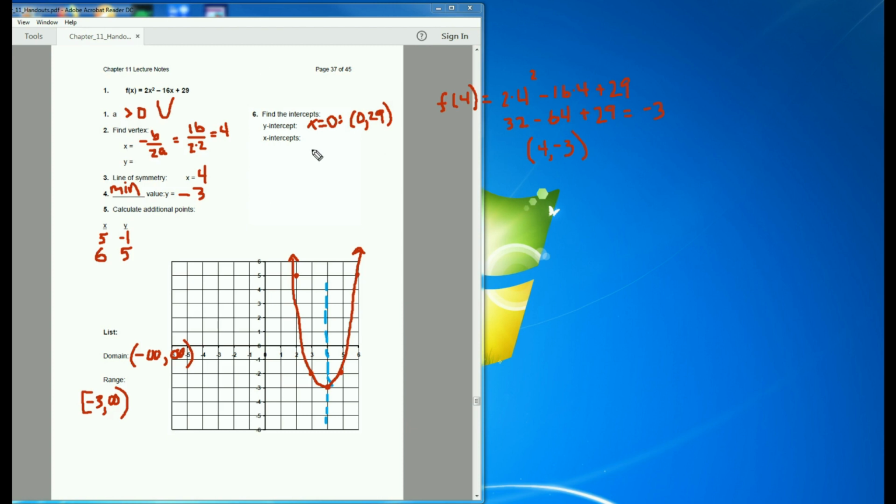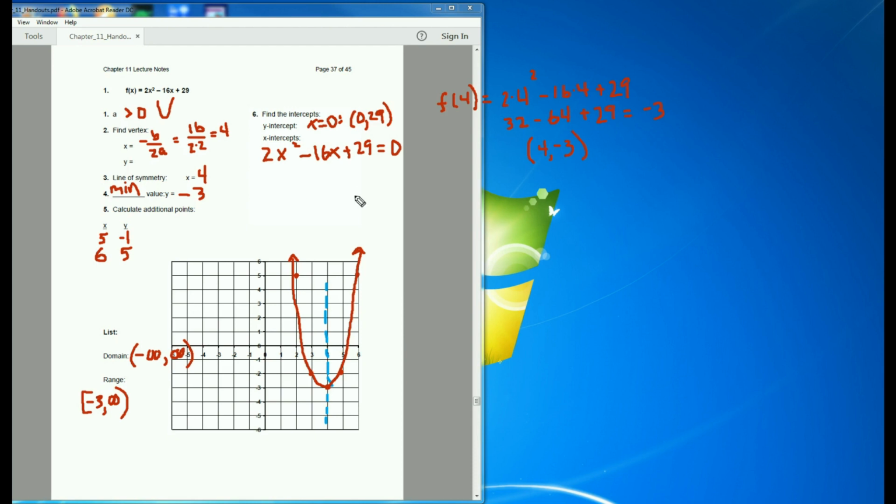The x-intercepts, set y equal to 0. So then we have 2x squared minus 16x plus 29 equals 0. We can't divide through by anything to simplify that first. So just go ahead and use the quadratic formula.